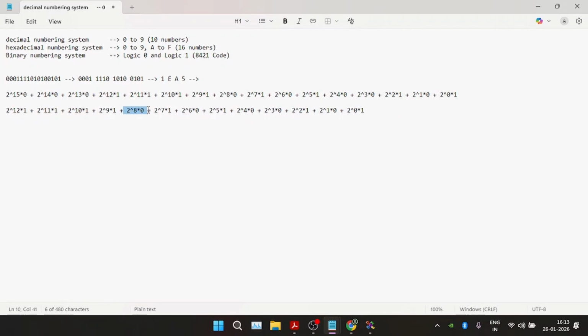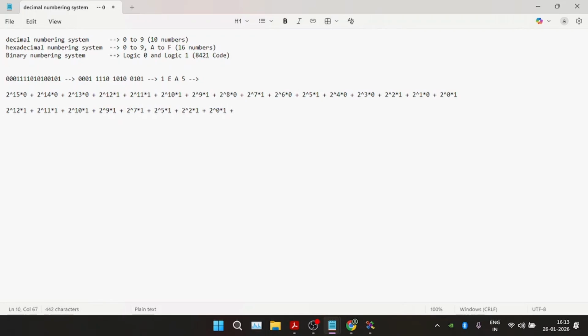I'm just going to keep all the ones, because if you multiply any value with 0, you will get a resultant of 0. So that particular term is considered 0, and there is no need to add it. This is the final value that I have to add.